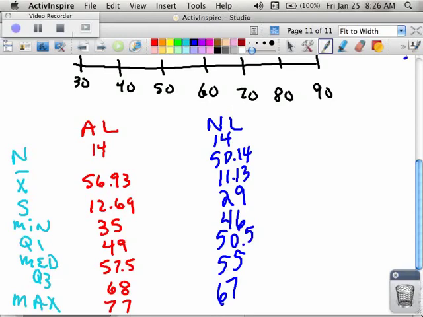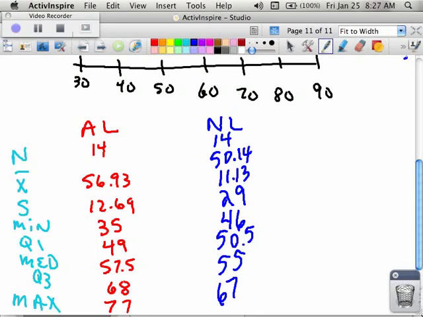The last thing that they ask is to write a few sentences about what you've found. Okay, so you can look at your picture, and you can look at your data, and you can draw some conclusions. So, for example, you might say something like, the data suggests that the number of home runs is somewhat less in the National League.